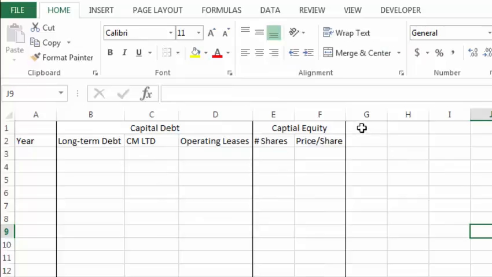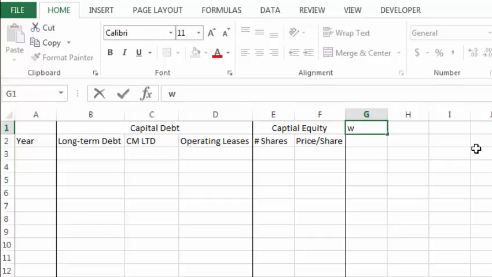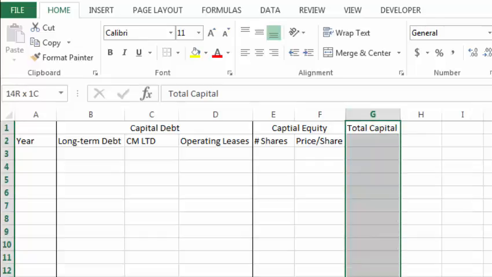And then based on that, we're going to do a W. Actually, no, then we'll do total capital. Let me draw a nice little line there. And then we'll say, actually, let me move that one down.